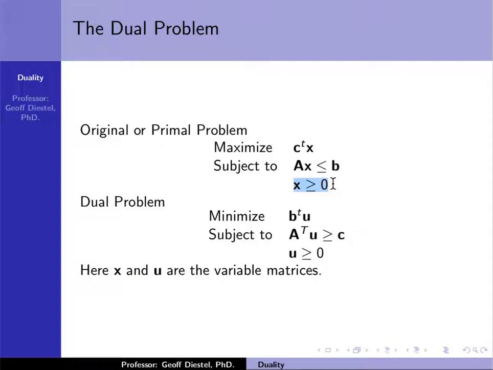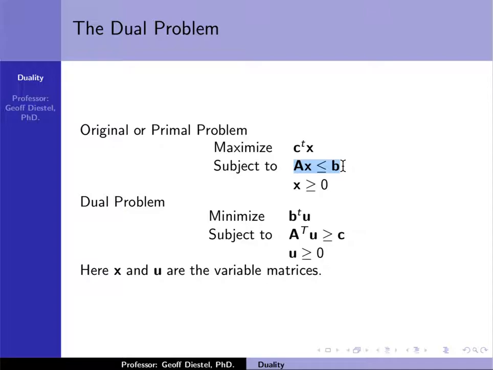The non-negativity is the most common restriction for a linear programming problem. Most problems in the real world will have this constraint. So it's reasonable to restrict ourselves to this kind of problem. Also, if you have a maximization problem which has some inequalities which are greater than or equal to, you can always multiply them through by a -1 and make them into a less than or equal to inequality.